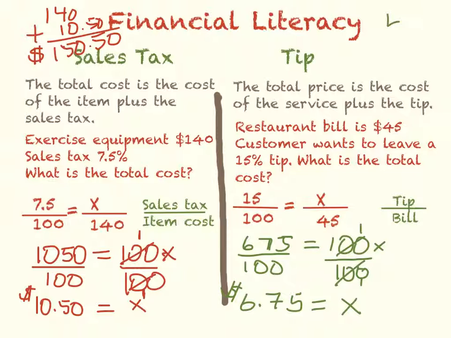So 45 plus 6 and 75 hundredths. Remember, we have to line up our decimals. And so we have $51.75, and that is our total cost for the bill and the tip.